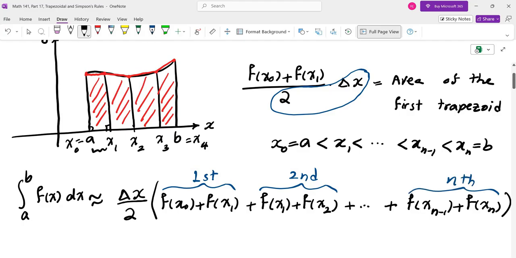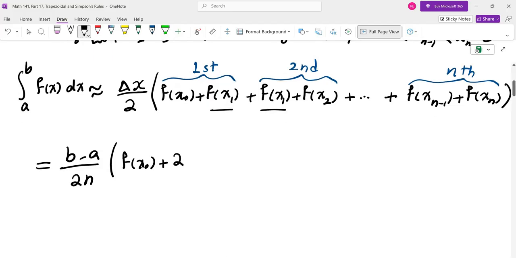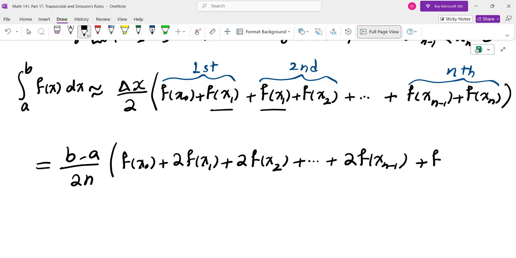Now, if we add up all of these, delta x is b minus a over n. We have a 2 at the bottom, so we get b minus a over 2n. And then we get f of x0 plus, there are 2 f of x1s, so we get 2 f of x1. Then we have 2 f of x2, and we have 2 f of xn minus 1, but we only have 1 f of xn.